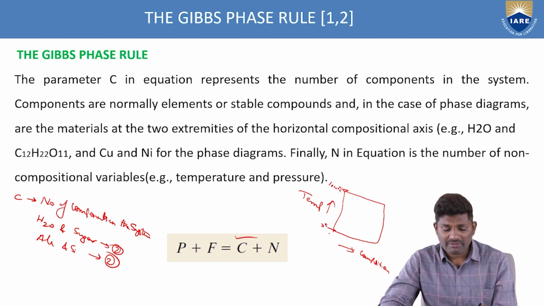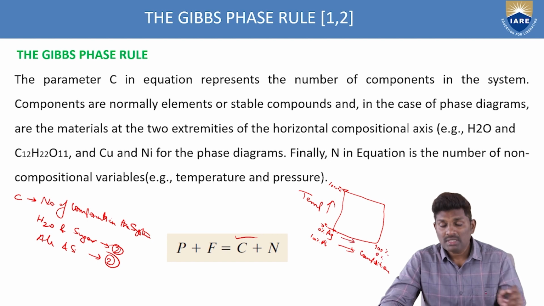If I take two elements, silver and aluminum, this starts with 0% and this starts with 100%. Coming to this side, the silver reaches 100% and aluminum reaches 0%. So this is the composition.